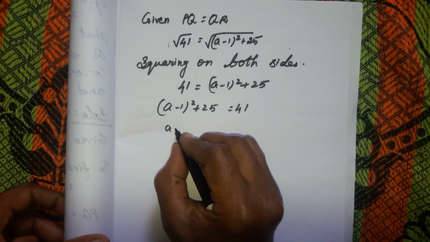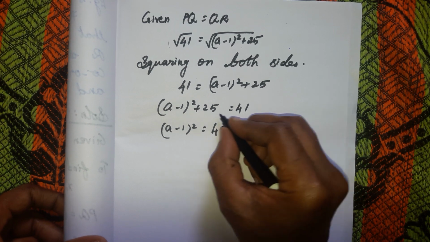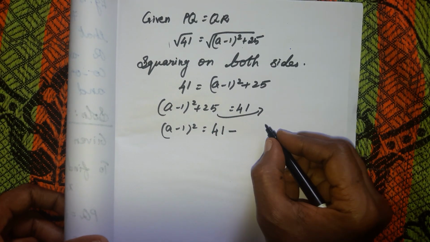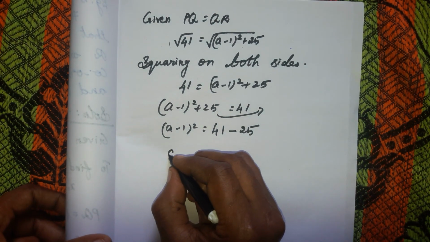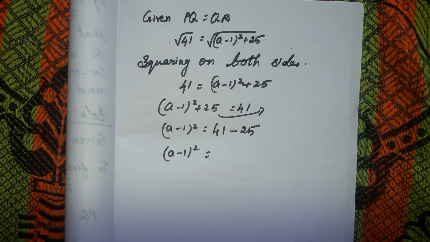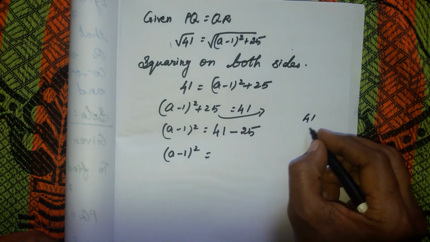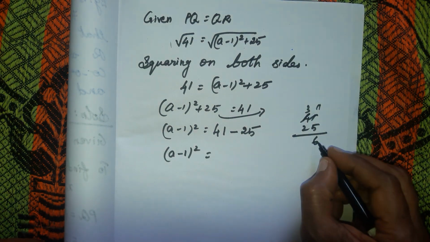Next, (a minus 1) the whole square is equal to 41 minus 25. When we take this side, minus 25 will be obtained. So (a minus 1) the whole square is equal to, what is 41 minus 25? 16.